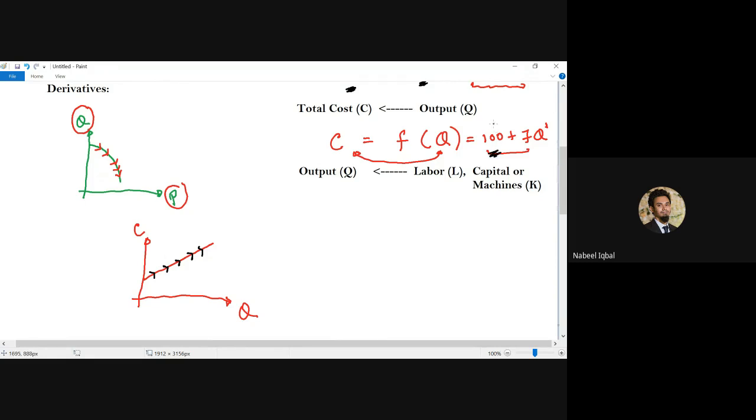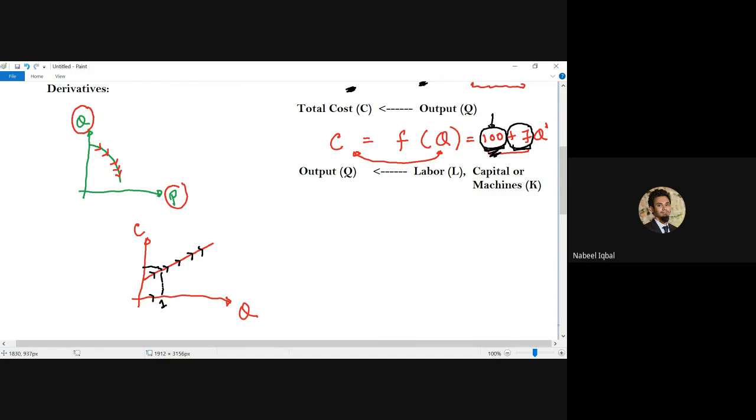We can extract more information from this particular linear function. For example, this number is telling us that the fixed cost is $100, right? And this plus 7 is telling us whenever we produce one extra unit, the total cost will increase by $7.